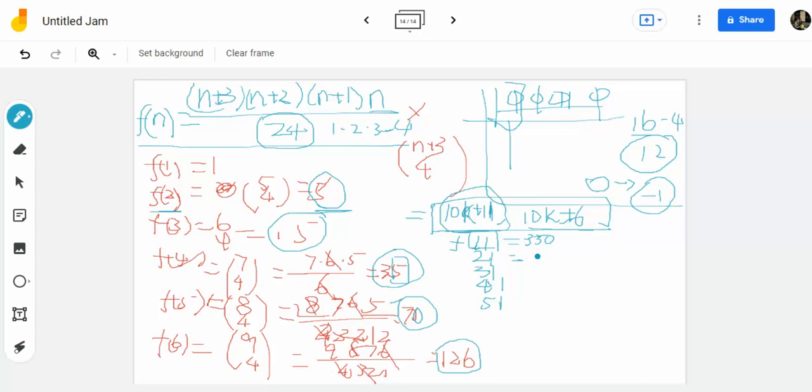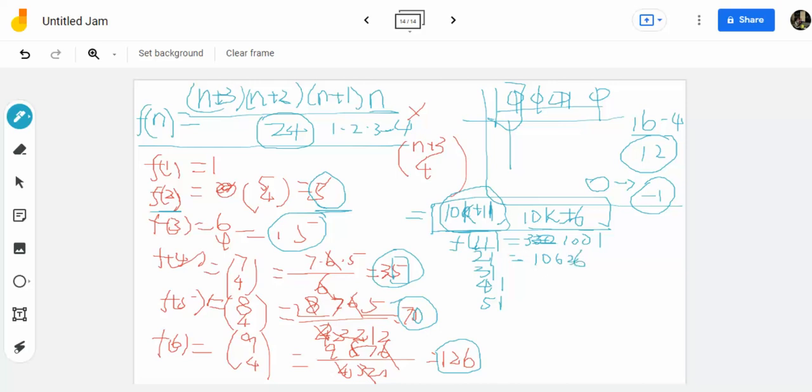Is a calculator allowed? I think it's allowed, right? 21 choose 4. 11 is 1001, right? 21 will be 10626. 31 will be what?